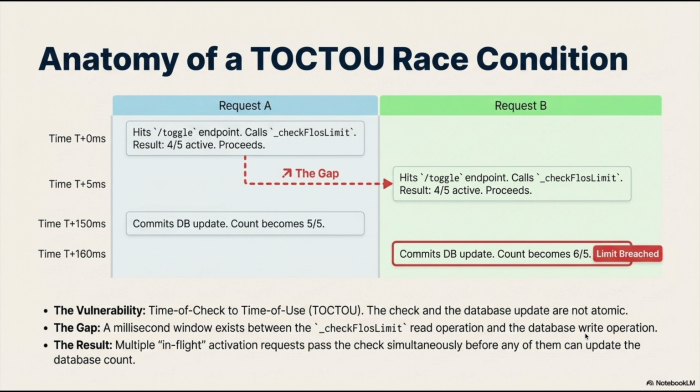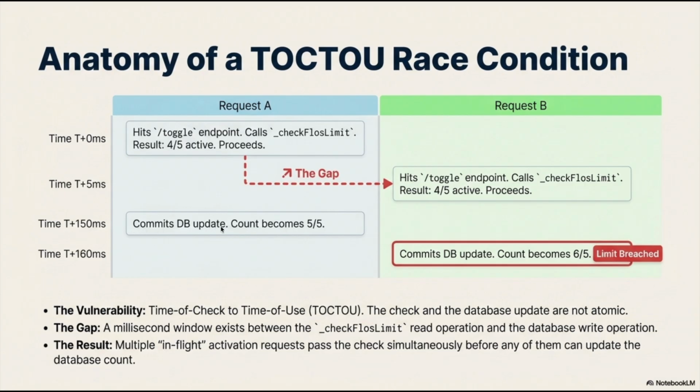How did this happen? It happened because of a race condition. For example, at T0, you hit the toggle endpoint and you call the check flow limit. The result you got is 4 out of 5 active and you are allowed to proceed.